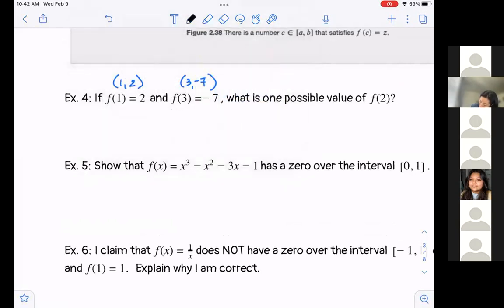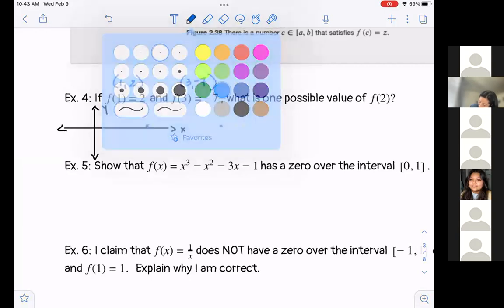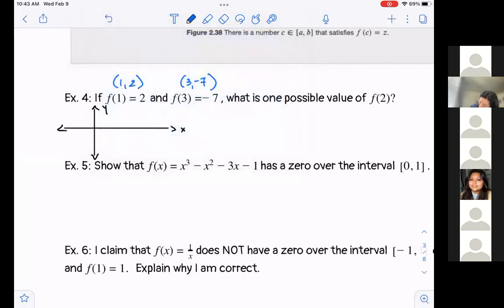Precisely. Okay. So this will very much not be to scale because I'm squeezing in a tiny picture right here. All right, so we've got our x-axis, our y-axis, and let's say that we have 1, 2, and we have 3, -7. Okay.